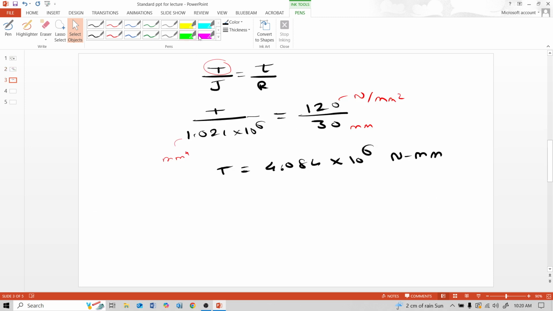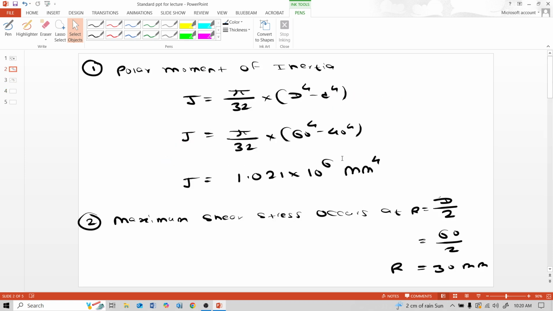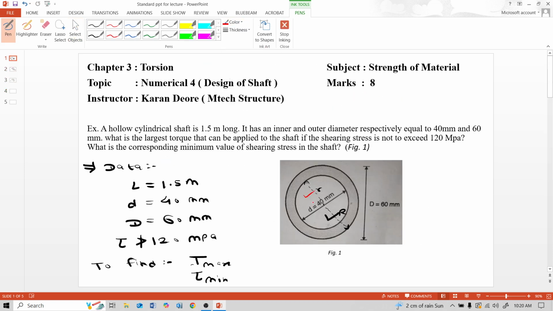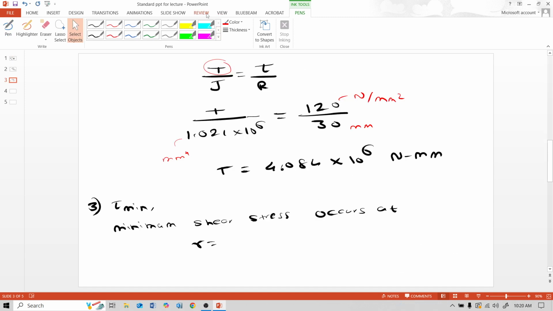For calculation of tau minimum, minimum shear stress occurs at small r, where the diameter is 40, that means 40 divided by 2, so small r is 20 mm.